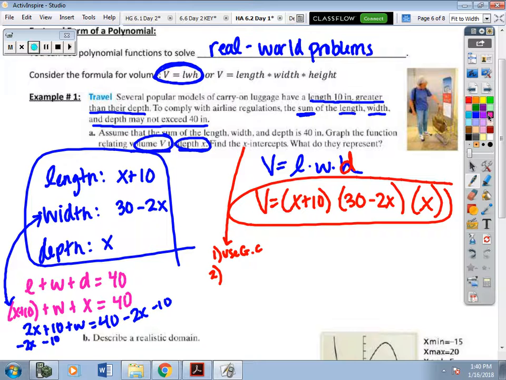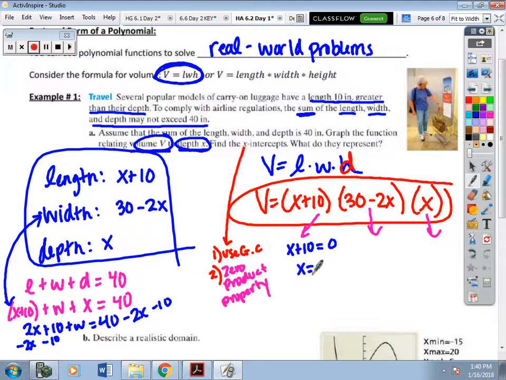If you remember, the x-intercepts are when y is 0 or when volume is 0. So if you don't want to go in your calculator and do a bunch of work, you can just set each of these equal to 0. This would be our zero product property. Let's see, that's from quadratics. So this would be x plus 10 equals 0.